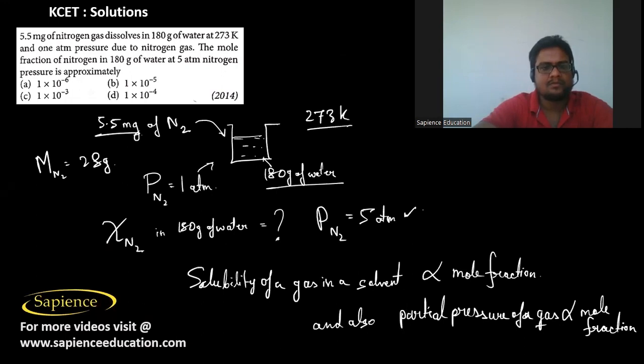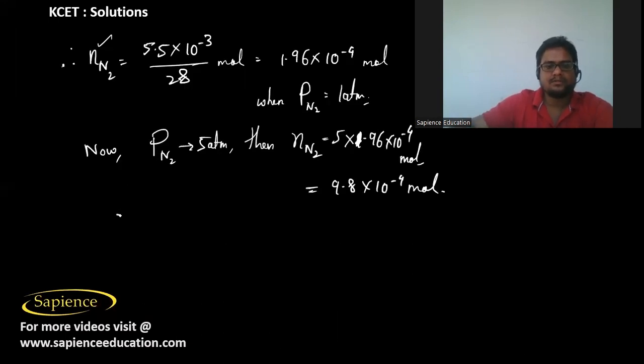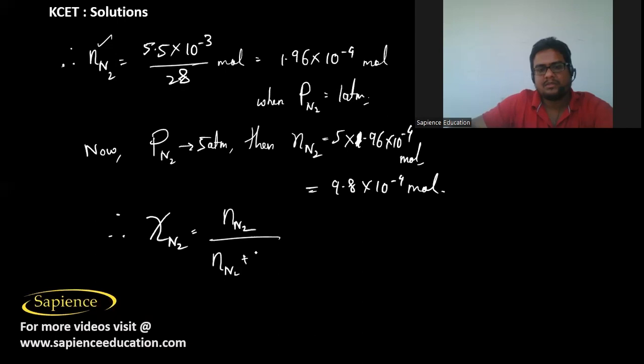Now therefore the mole fraction of N2 will be equal to the number of moles of N2 divided by the number of moles of N2 plus the number of moles of water.